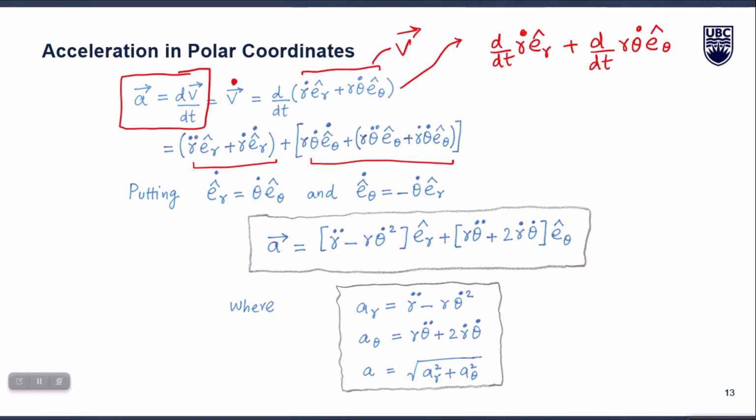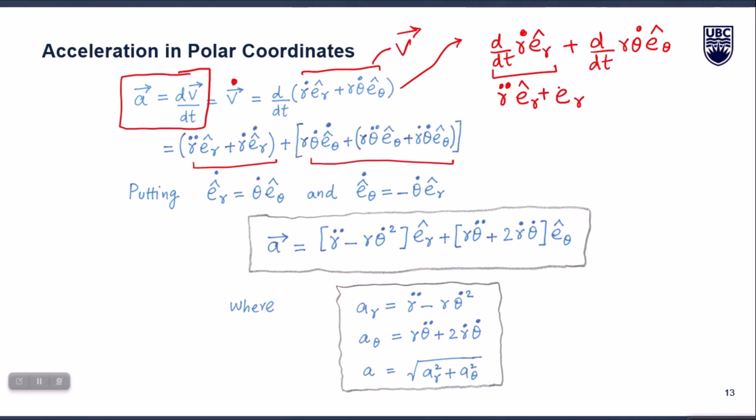So this first differentiation, when we apply the product rule, will simply become r double dot, the first derivative of the first quantity. The first quantity was already r dot, so it becomes r double dot times the second quantity as it is, plus the first derivative of the second quantity, which is the derivative of e sub r.